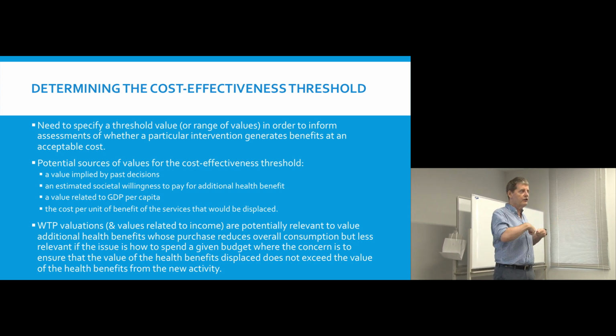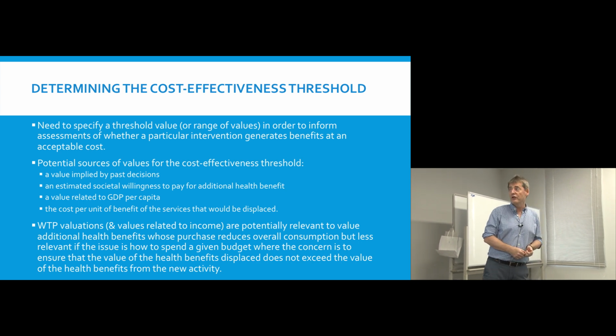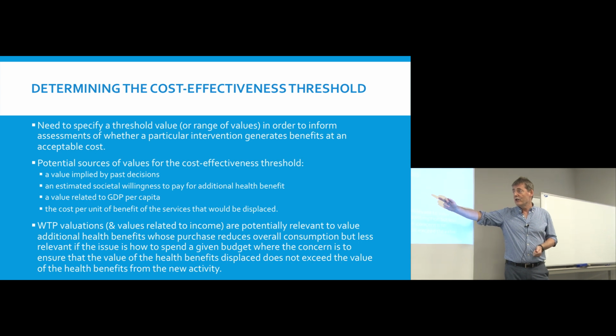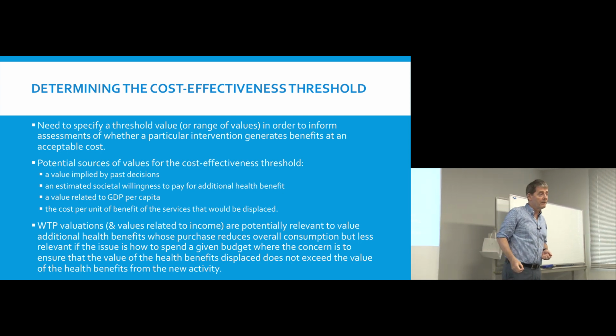And if we are going to do new things, we have to give up some other things. And so the suggestion here is that we should look at the cost per unit of benefit among the activities we're giving up.